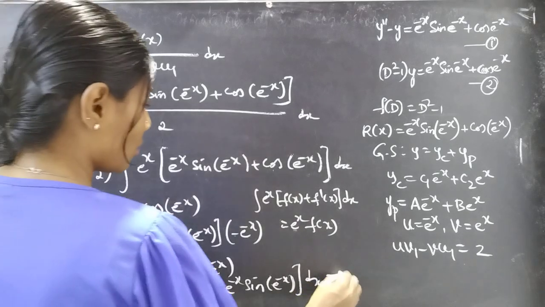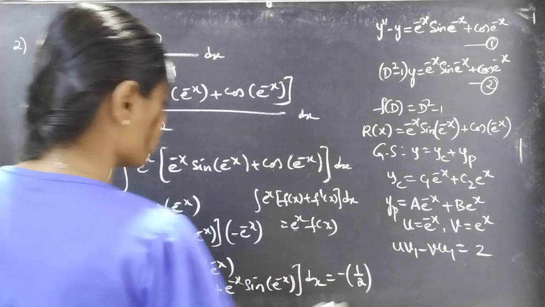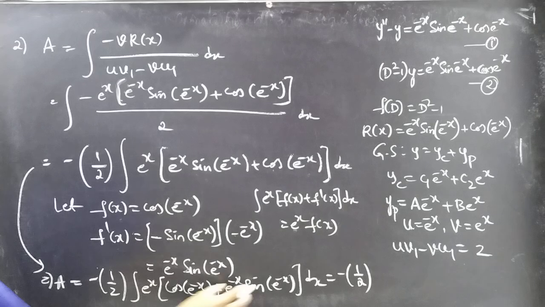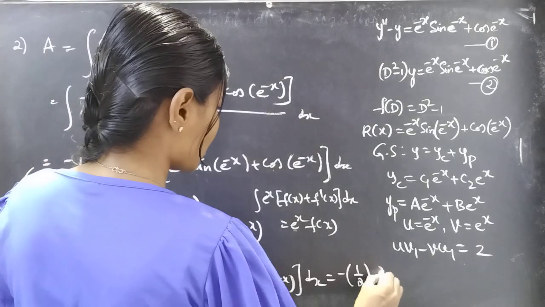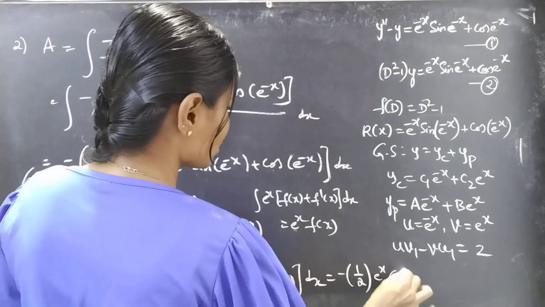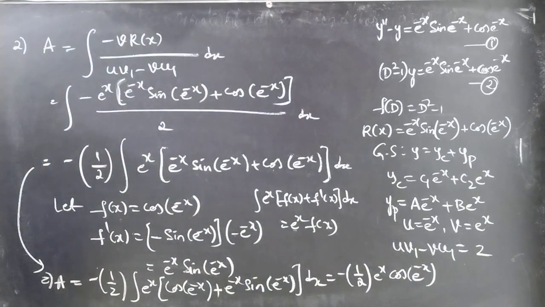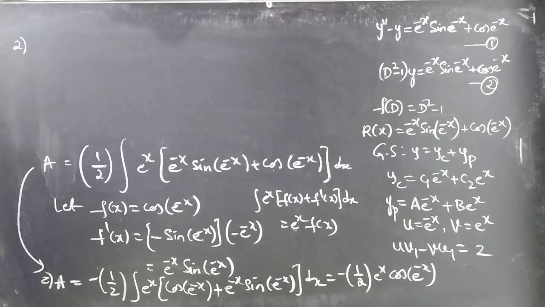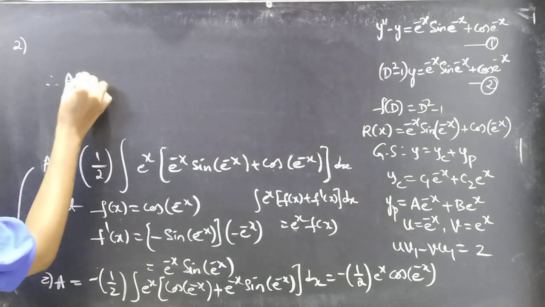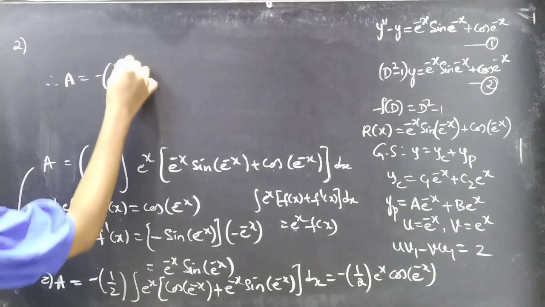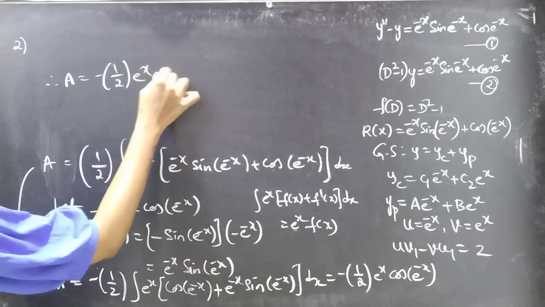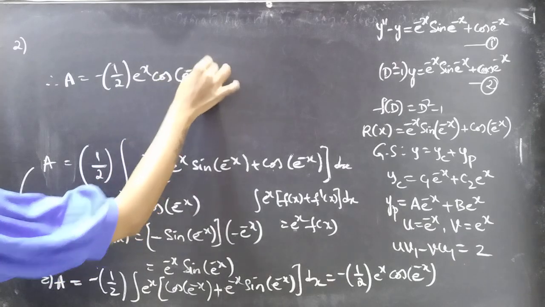This gives us minus 1 by 2 into the integral of e power x f of x plus f dash of x, which is e power x f of x, that is cos e power minus x, right? Therefore A equals minus 1 by 2 e power x cos e power minus x.